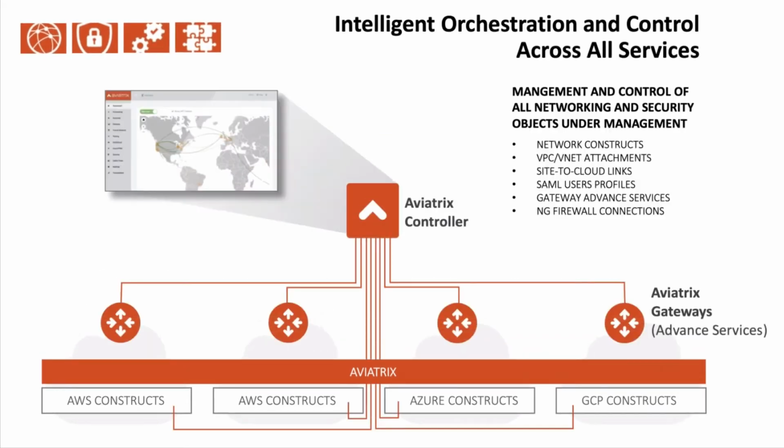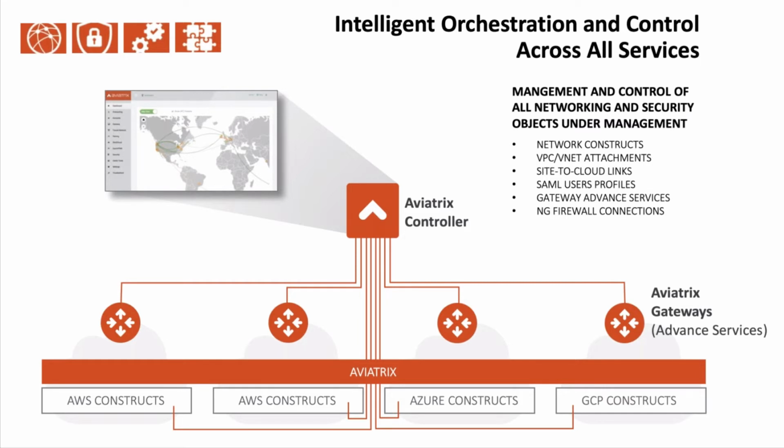Now, at the center of all of this is the Aviatrix Controller. You can think of the Aviatrix Controller as the brain. It is the thing that keeps track of what you've done or what you're going to do within the AWS constructs, the Azure constructs, the GCP constructs, as well as Aviatrix's own gateways, which are the platforms that deliver some of these advanced services.